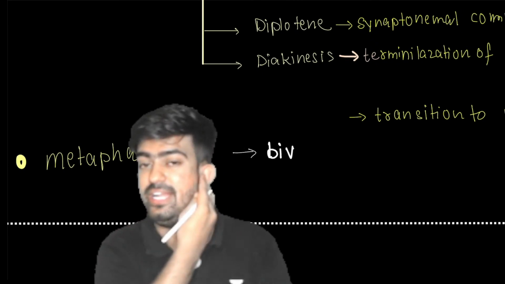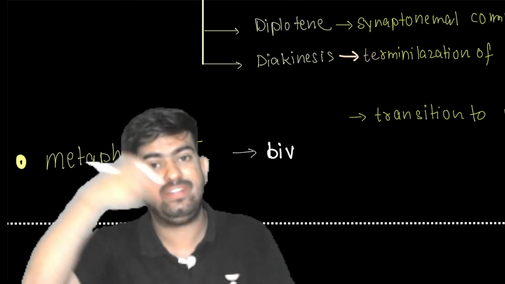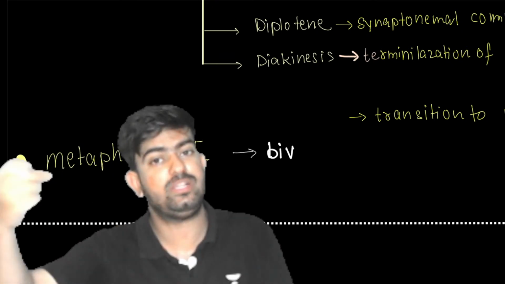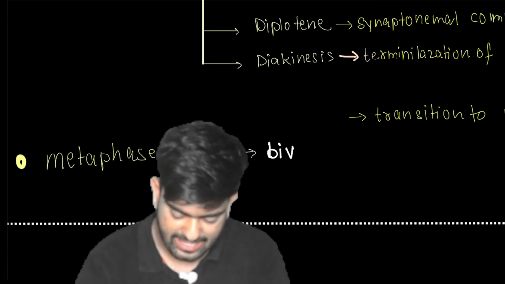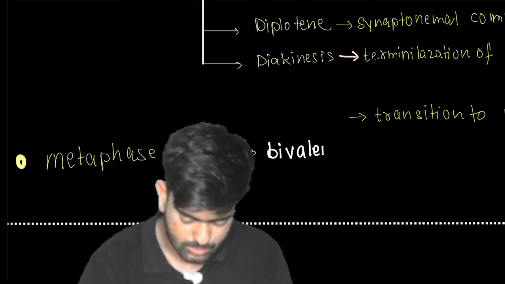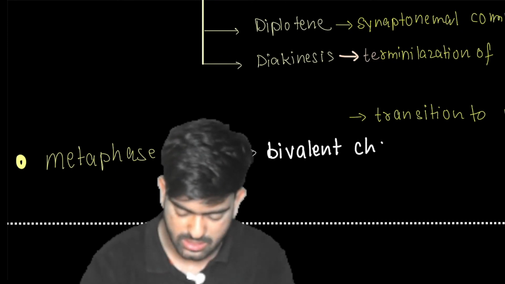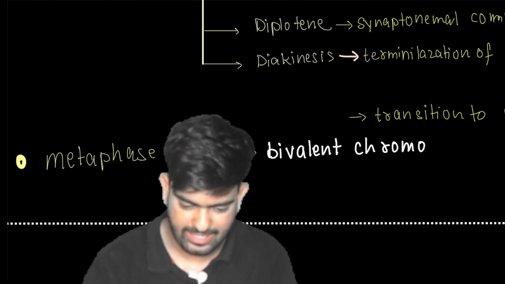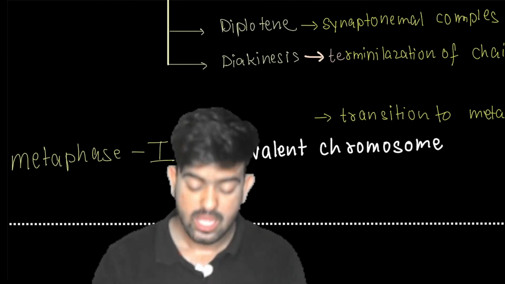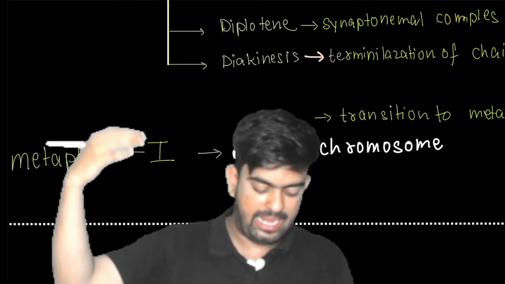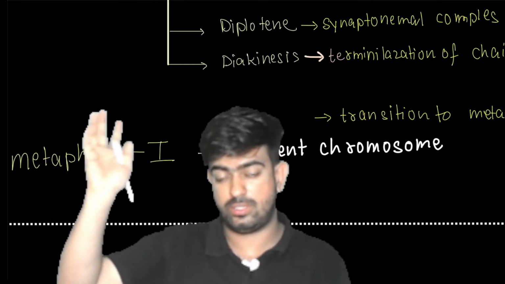In prophase 1, the chromosomes are not separated yet. They are still together, in pair. So I'm going to write here bivalent chromosome. I can use this term right now, but after anaphase 1, I can't use this term bivalent.